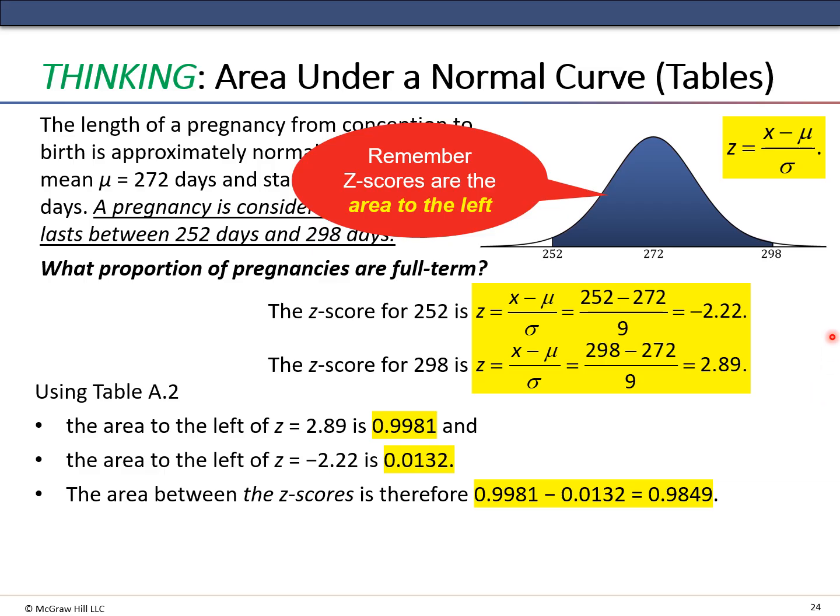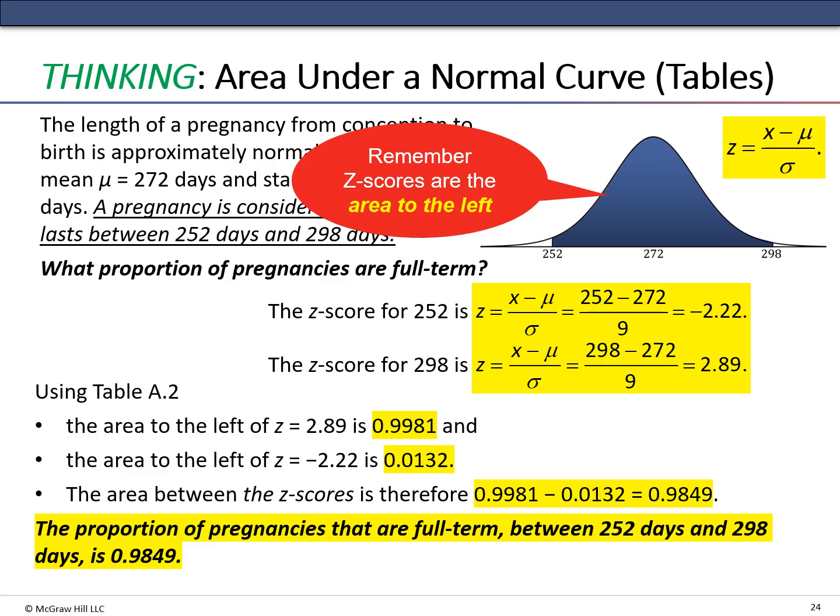And we see that roughly 98% of pregnancies, really almost 98.5%, are full term. So that's a really high percentage. 98.5% of births are full term.